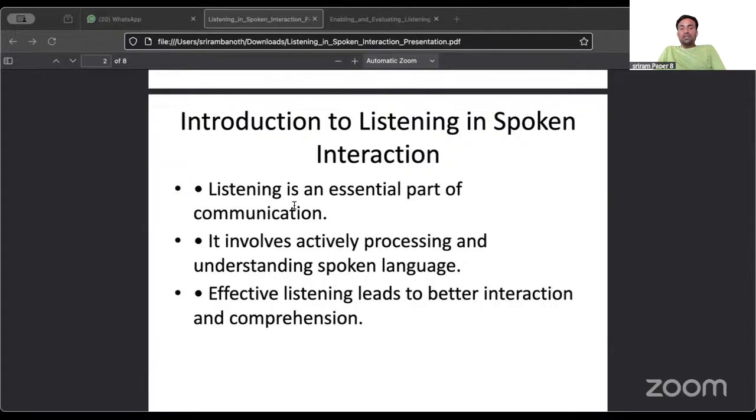Introduction to the listening in spoken interaction. Listening is an essential part of communication. It involves actively processing and understanding spoken language. Effective listening leads to better interaction and comprehension.